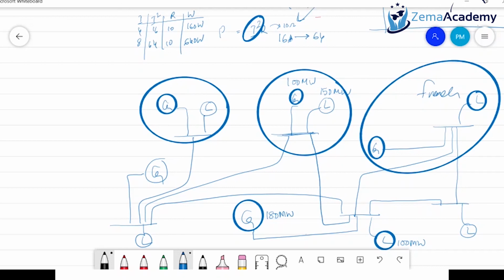And when these interconnections are not there, it's often called an islanding mode of operation, where everybody operates as an island. If there's a problem with the generator in that island, then all the loads there have no supply. Whereas if they have interconnections, let's say this generator has gone out of supply, the remaining generators may still be able to supply the load through this connection.